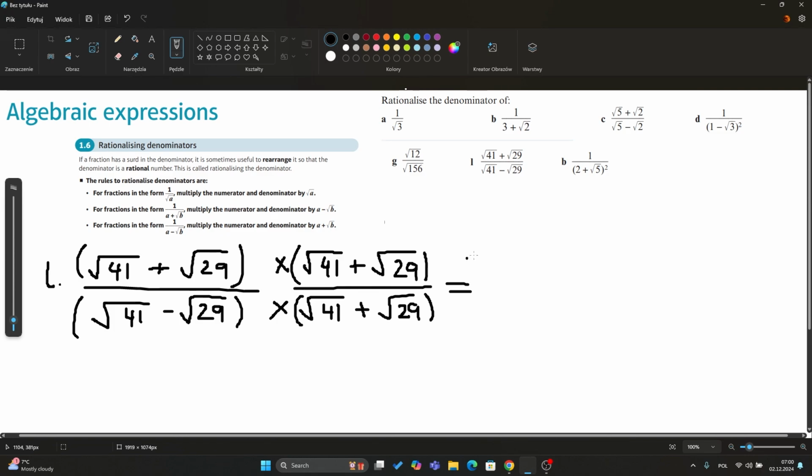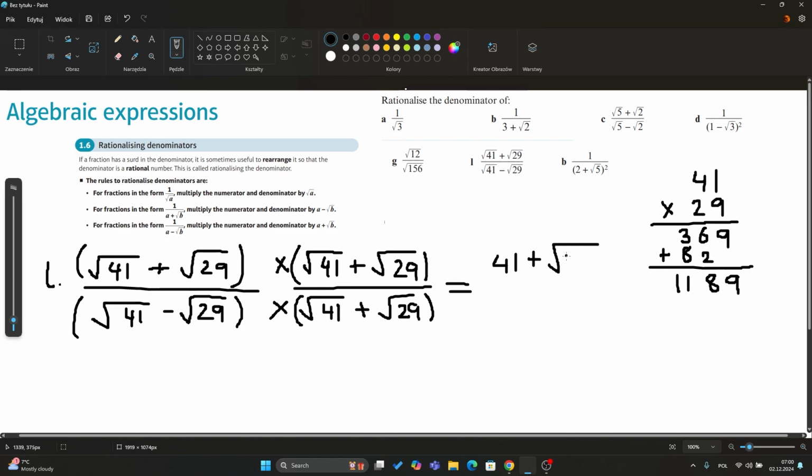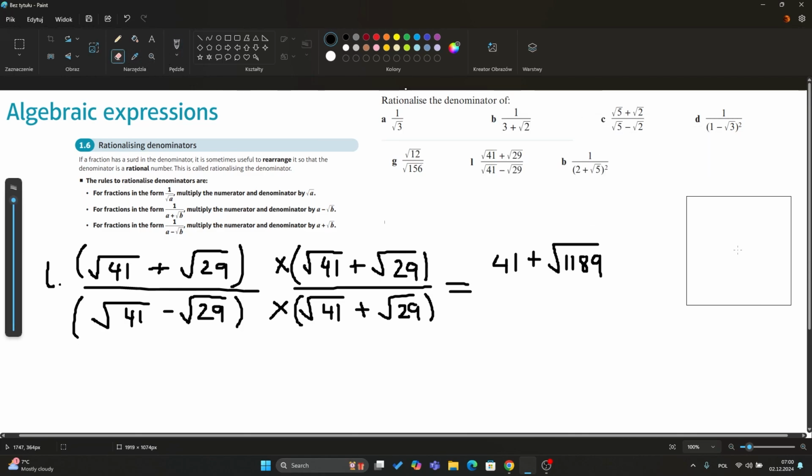And then what happens is square root of 41 times square root of 41 is 41. Square root of 41 times square root of 29 is going to be plus square root of 1189, and again square root of 1189, and this plus 29.